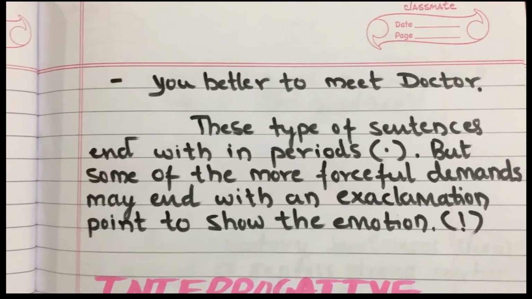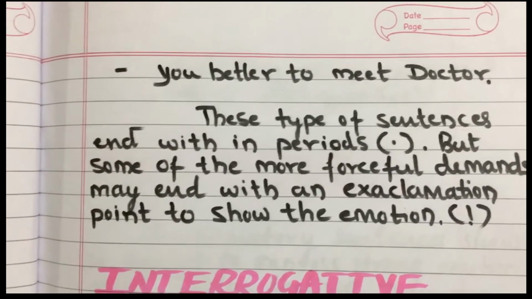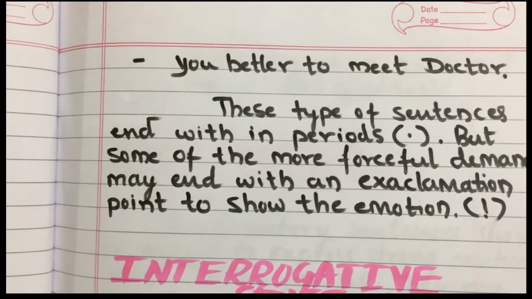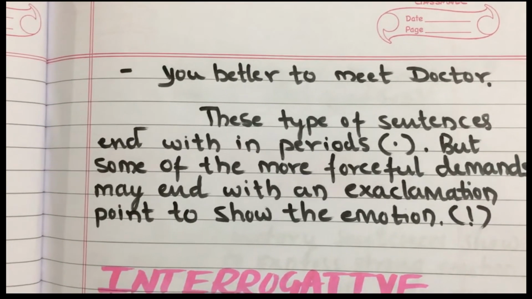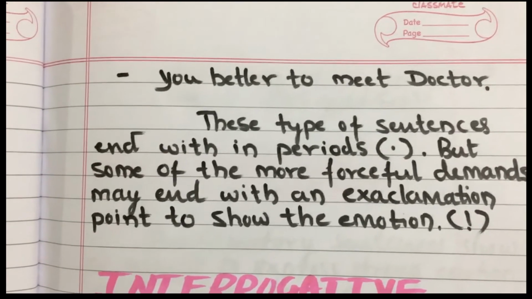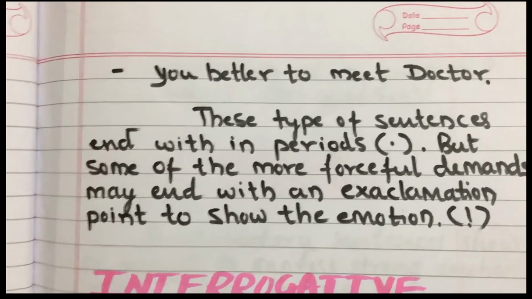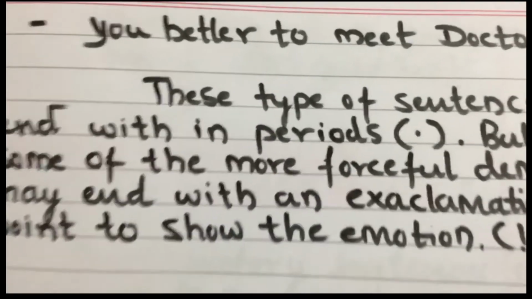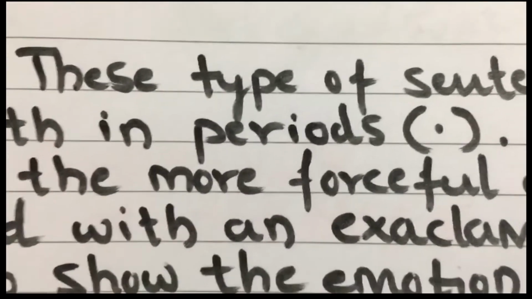Imperative sentences always end with a period, but some more forceful demands may end with an exclamation point to show the emotion. Here I am showing you the period, point and exclamation mark.